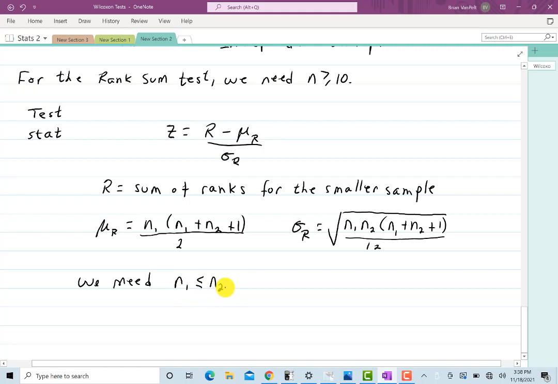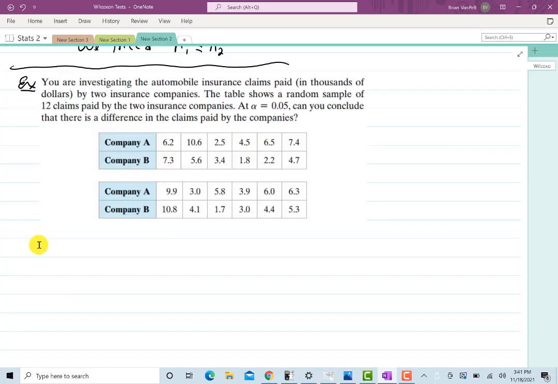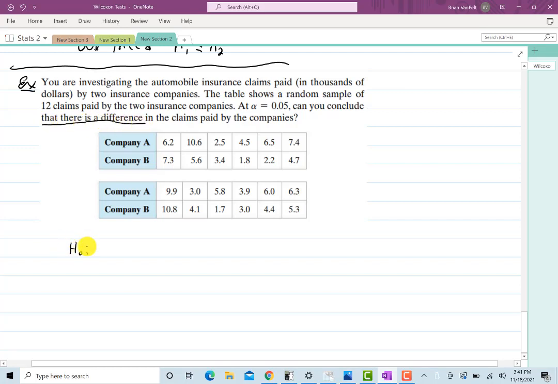Let's do an example. All right, let's take a look at this example here. Can you conclude that there is a difference? That's what I'm interested in, so whether there is or is not a difference.